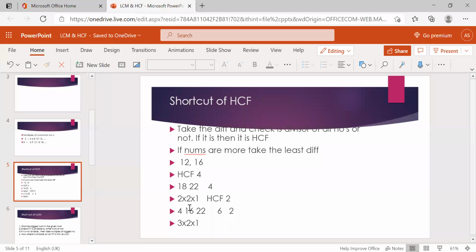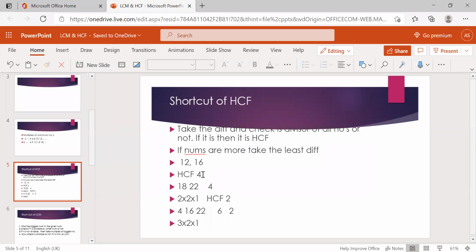Then the shortcut of HCF. In HCF and LCM, you should not go for the traditional method. It will take much time, it's going to eat all your exam time. So you have to perform with the shortcut solutions only. How to find out the HCF?